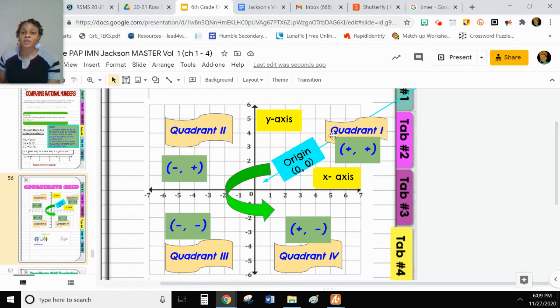We have the origin, which is 0x 0y, where the two axes meet. Quadrant 1 has a positive x and a positive y. Quadrant 2 has a negative x and a positive y. Quadrant 3 has a negative x and a negative y. Quadrant 4 has a positive x and a negative y. So those are our 4 quadrants.